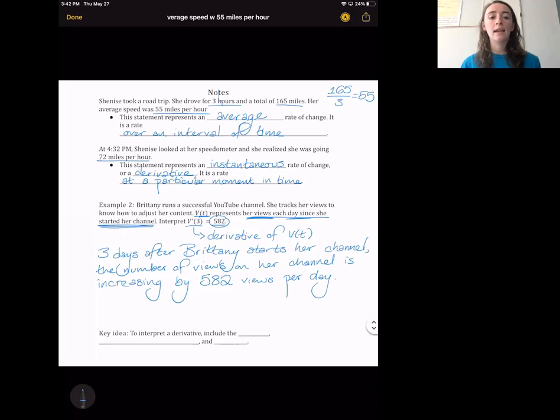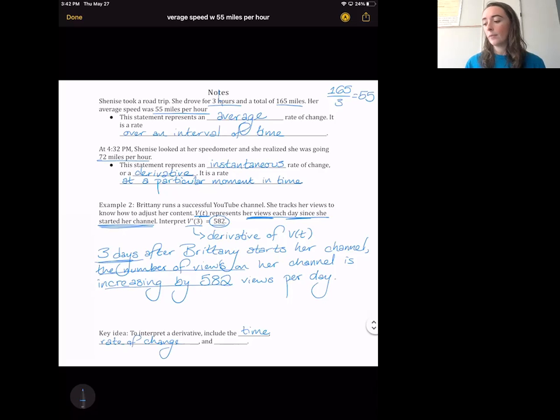So the key idea here, to interpret a derivative in the context of a problem, we need to include first the time, or the particular instant, right? In this case, it was the 3 days after she started her channel. We need to include the rate of change, which is this part that says the number of views is increasing by 582.